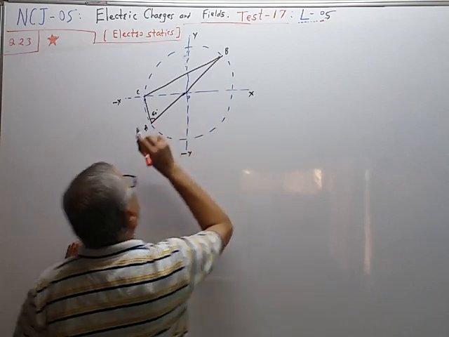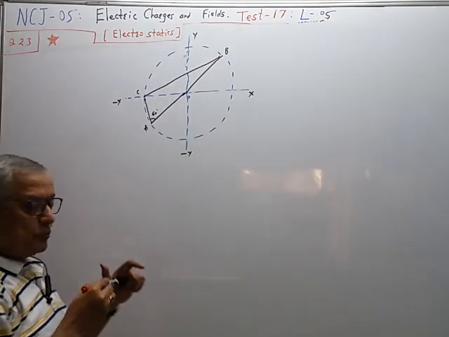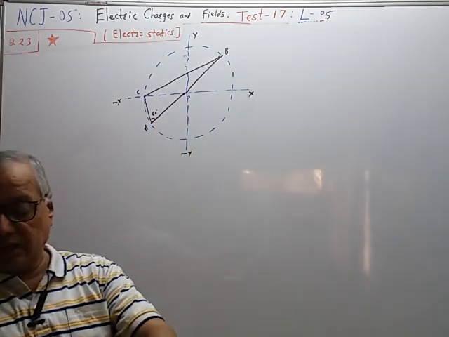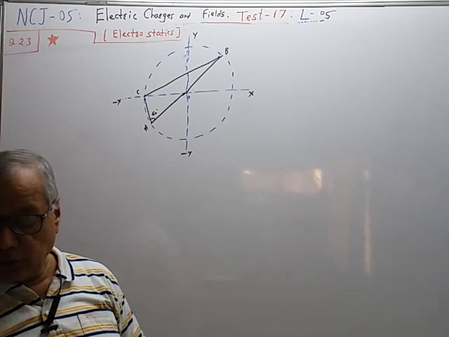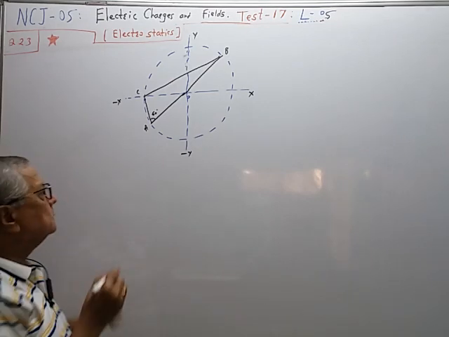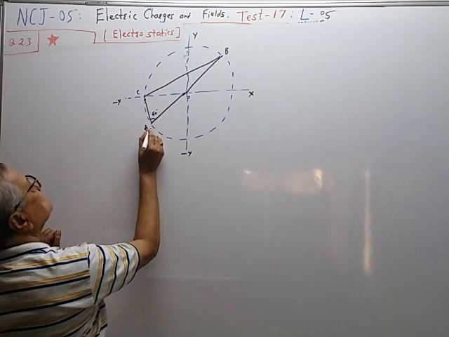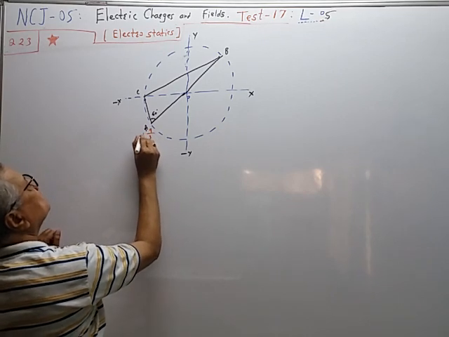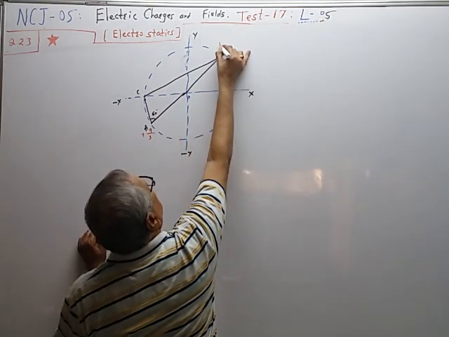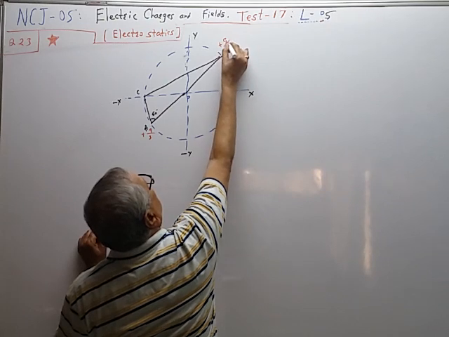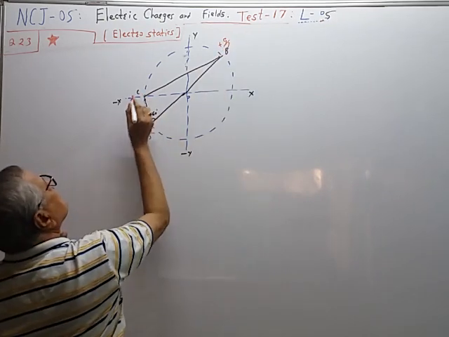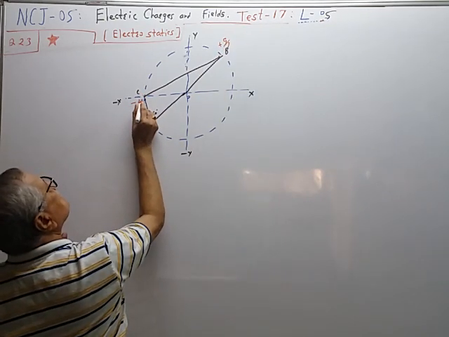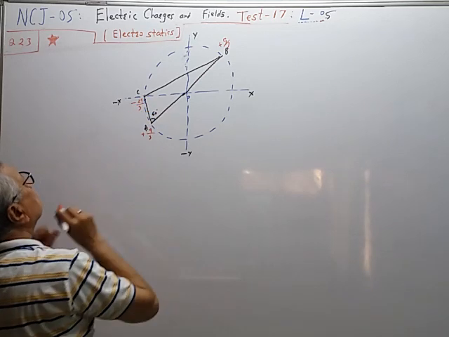So at point A, the charge kept is q by 3, and at B, q by 3, and this charge at C is minus 2q by 3.